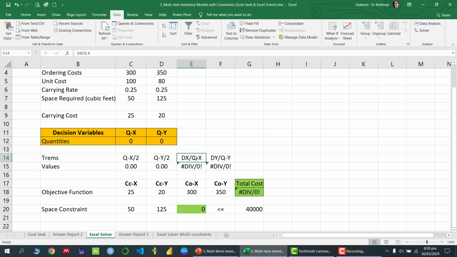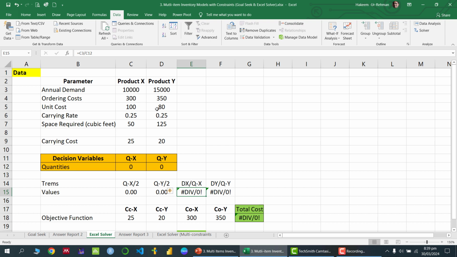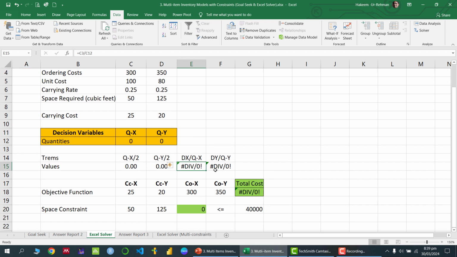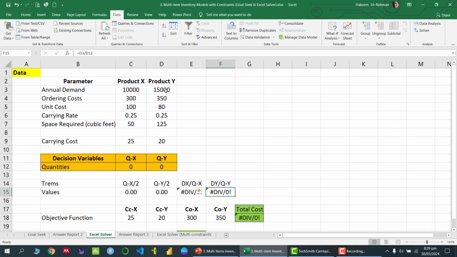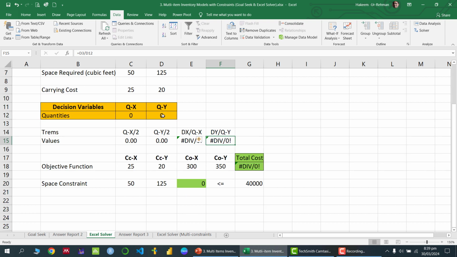So that is basically C3, which is the demand of product X, divided by C12, which is this optimum order quantity. Similarly, this is going to be this 15,000 divided by the value of this one. Over here, we would be able to get the number of orders.